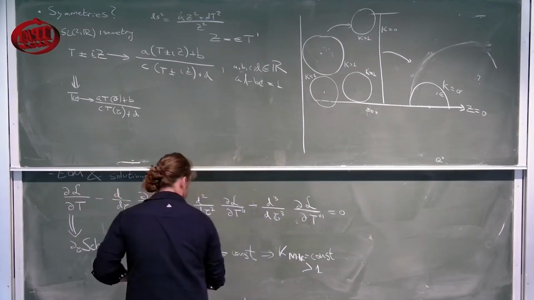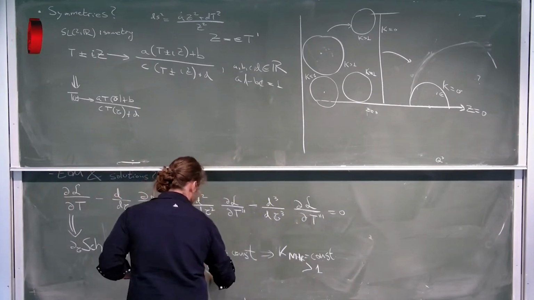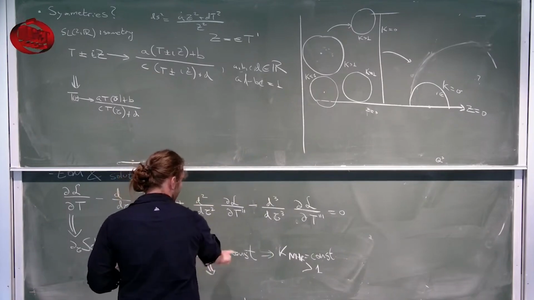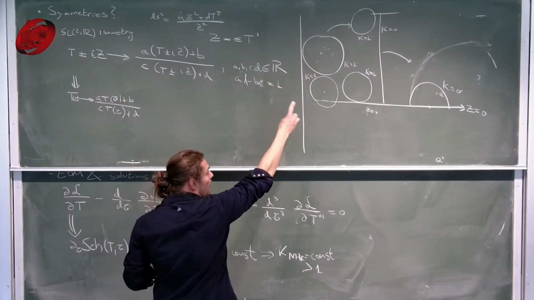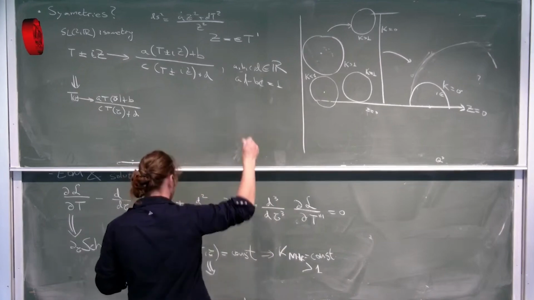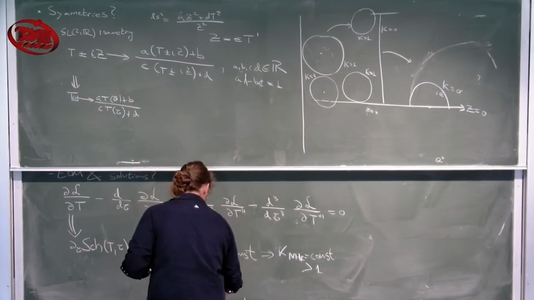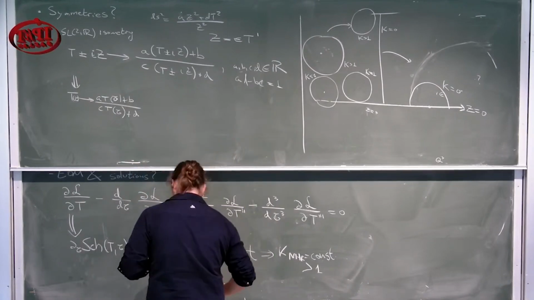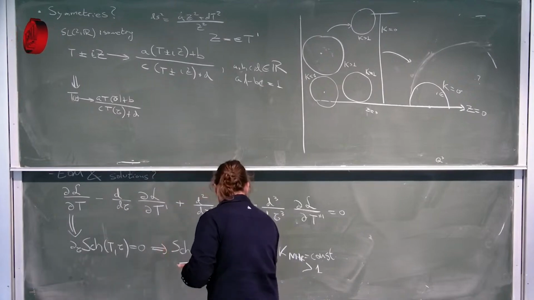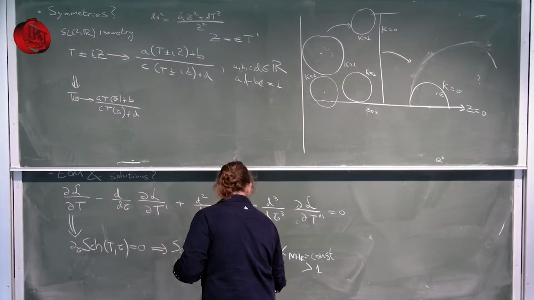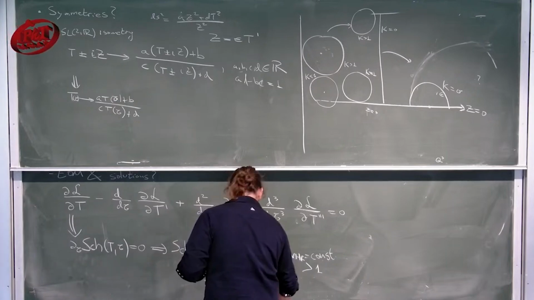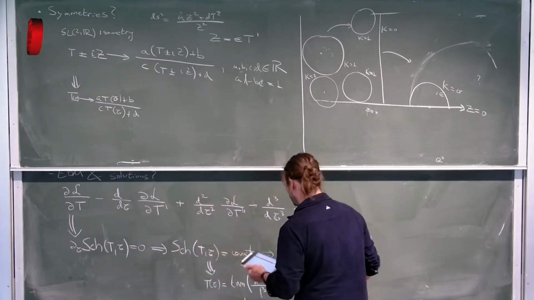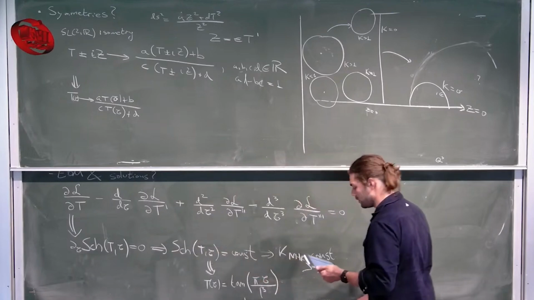One can write an explicit solution for T of tau by solving this equation, or by looking at what parameterizes circles on the upper half plane, and one finds that T of tau is given by tan of pi tau over beta, which is the same as tan of pi u.